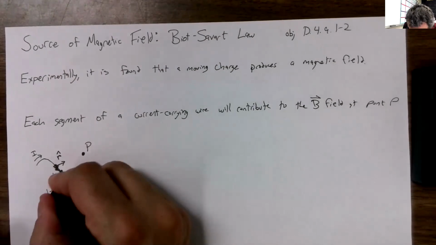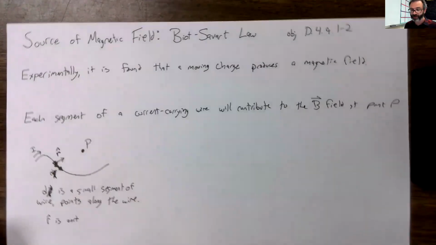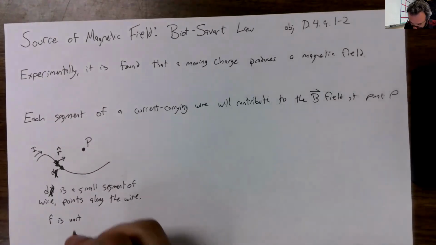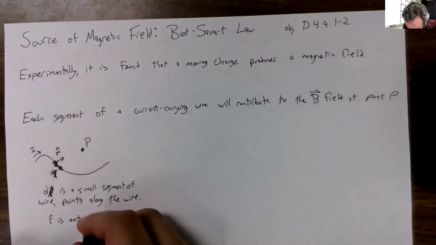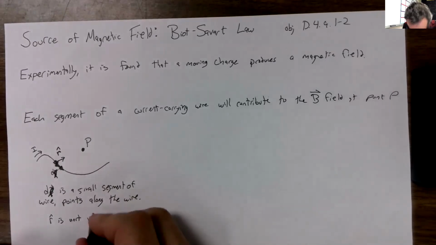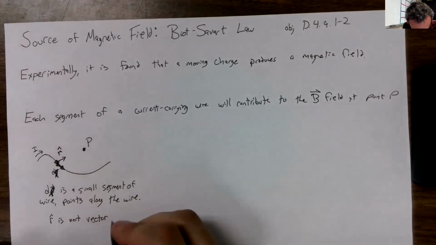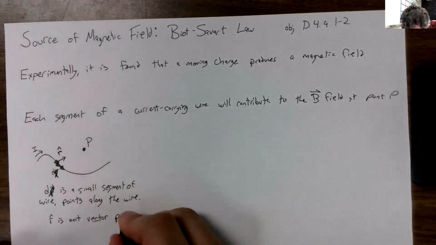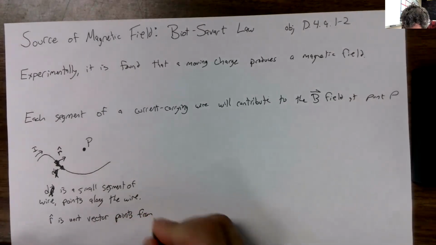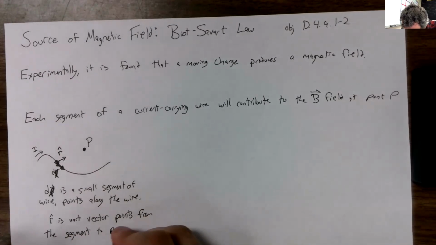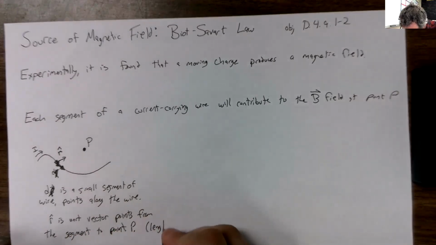Sorry, is r hat the direction or the magnitude? Yeah, r hat's the unit vector, so it's just the direction. Unit vectors always have length of 1. So it's the unit vector that points from the segment to point P. So remember, unit vector has length 1.